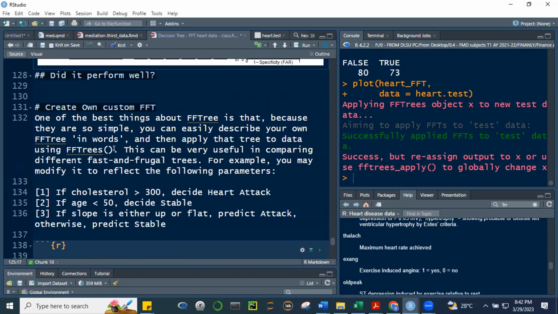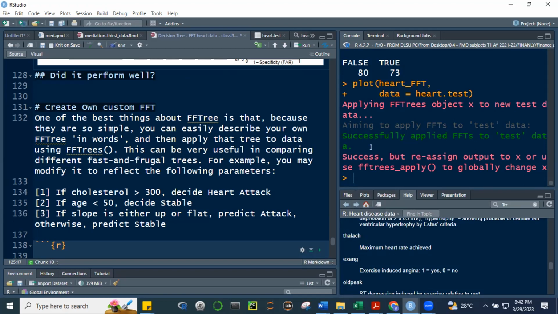Now, the best thing with FFT is that ito kasi siya nag-generate, no? Pero kunyari, meron tayong prior knowledge na dapat ito yung process natin. Okay? So, paano yun?